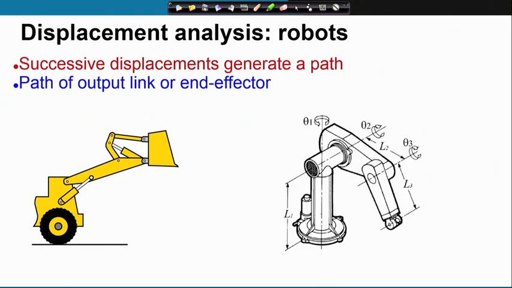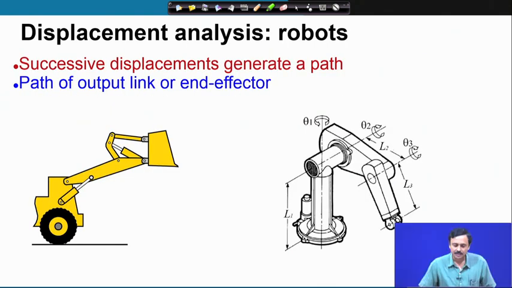In the case of robots, the displacement analysis is slightly more involved, in which displacement of the output link can have degree of freedom 2 or higher. Therefore, we can generate a path, because there are two variables to control. So, we can generate a path in the space in which we are operating.